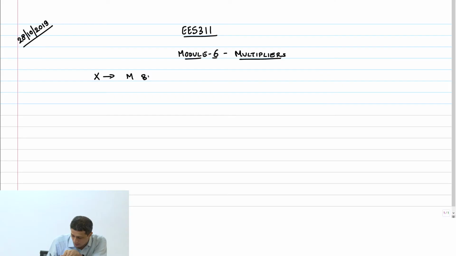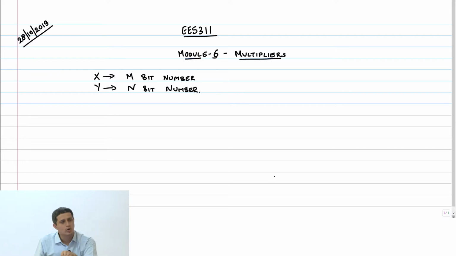Okay, so I have x, which is, let's say, an m bit number, and y, which is an n bit number. I'm going to assume that both these numbers are unsigned.